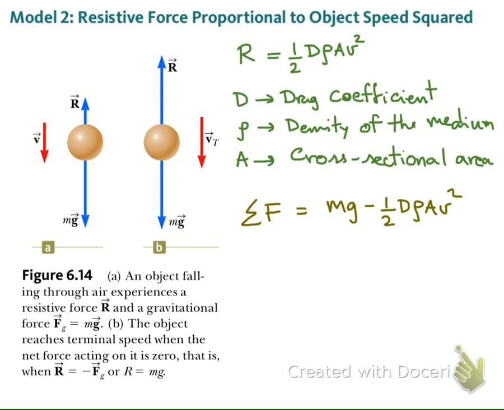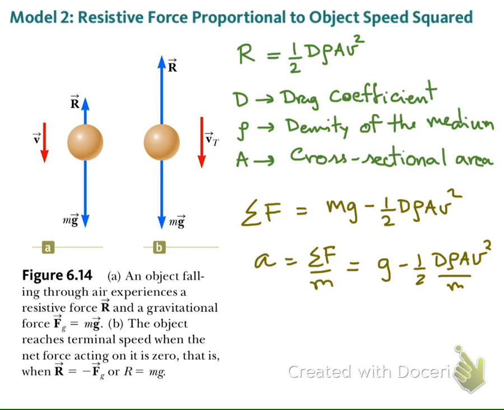The acceleration of the object is equal to the net force over m. So it's equal to g minus half of D rho A v squared over m. And again, we can define the terminal velocity.